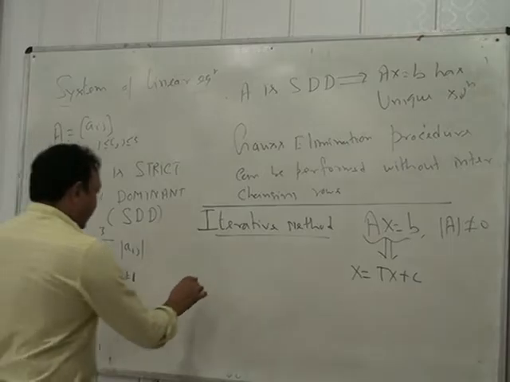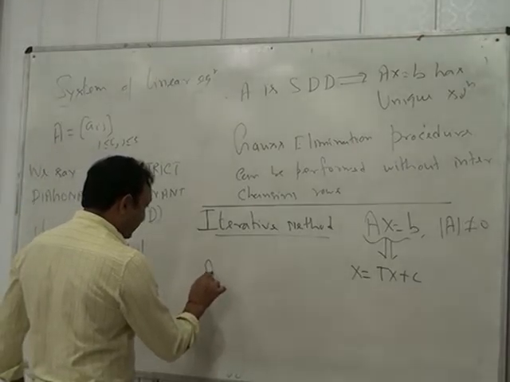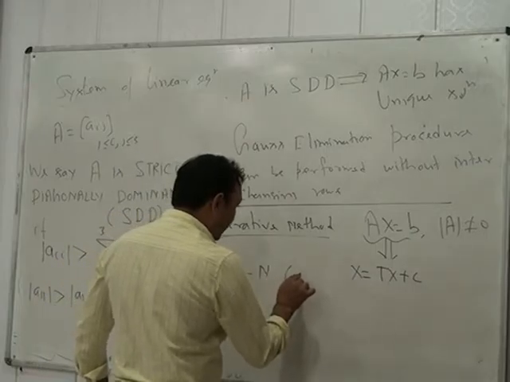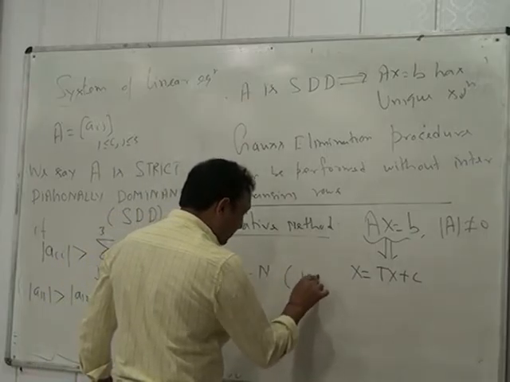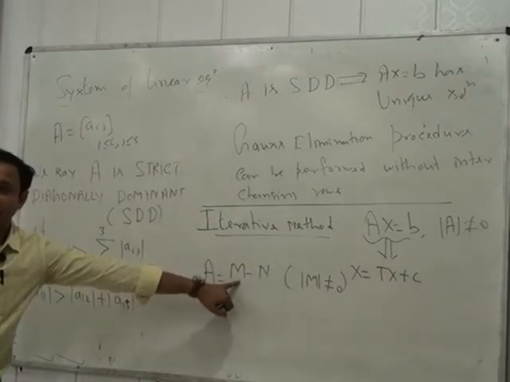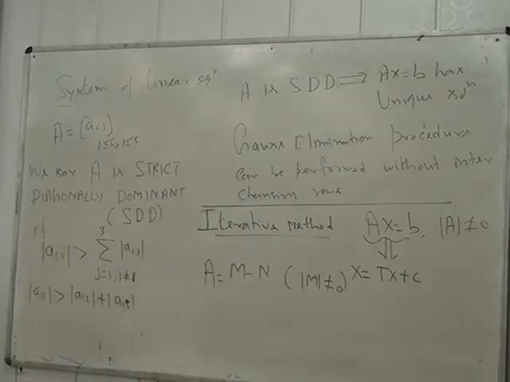Suppose I write A in the form M minus N, where the determinant of M is non-zero.